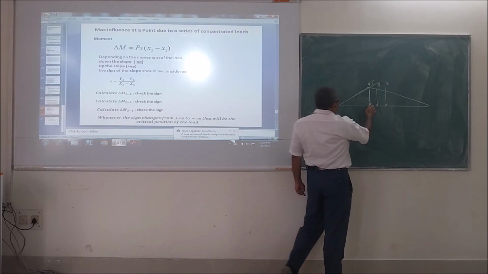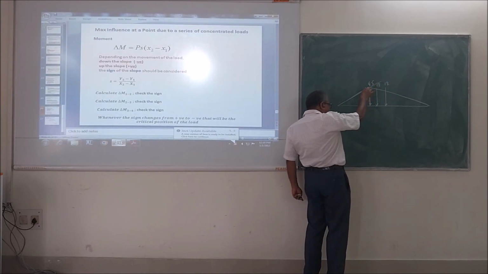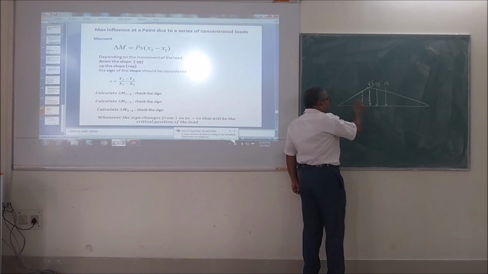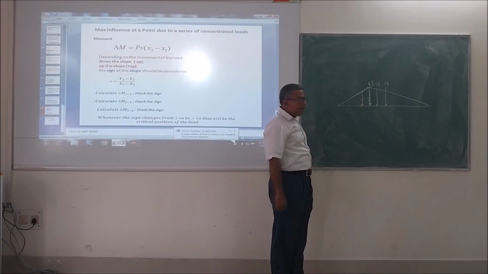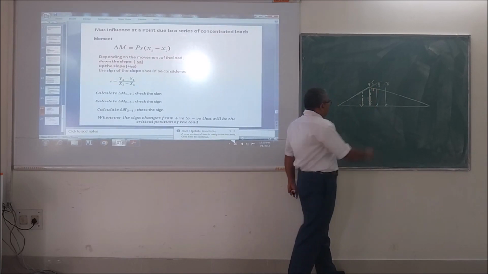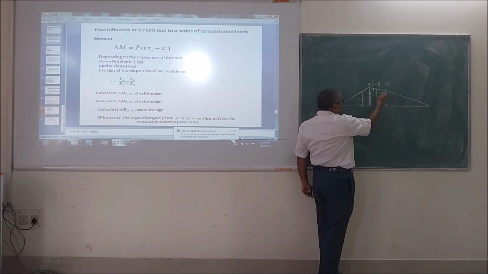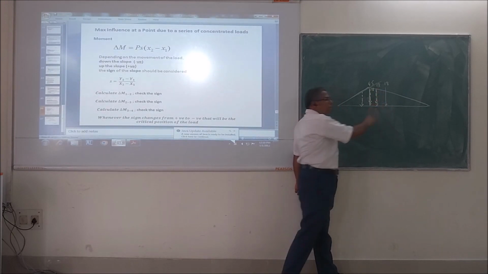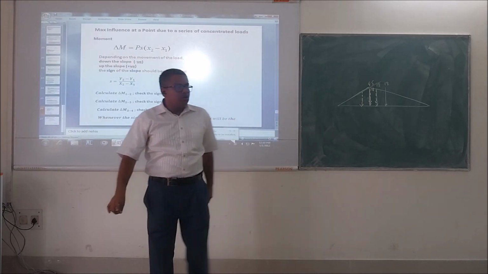So this 4.5 will come down this slope, right? So next position of the load is something like this. So 4.5 will come over here, correct? And your 18 now will come over here. So here it will be 18, and next this 18 will be moving forward, and it will be coming over here. Simple, right?